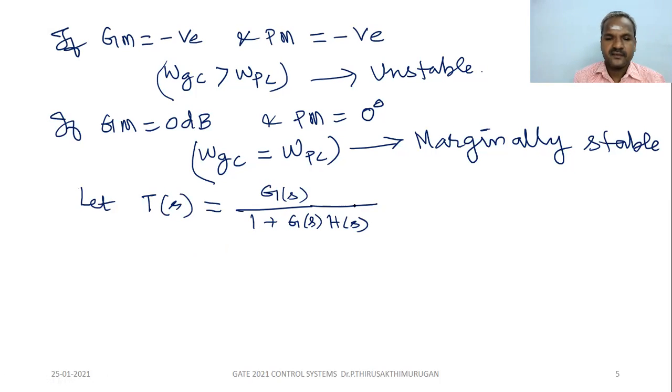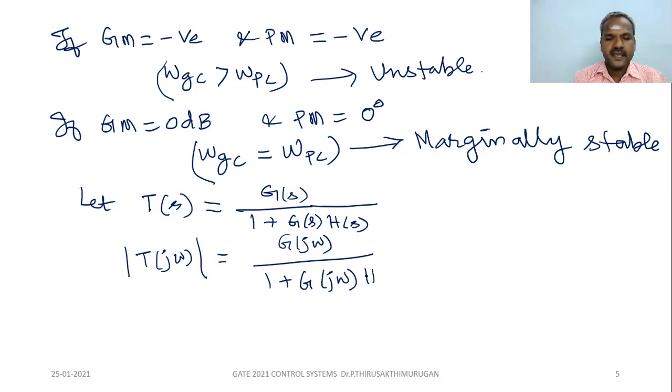For this system, say T of j omega, what is the magnitude of T of j omega? It is G of j omega divided by 1 plus G of j omega, H of j omega. Clear? So this will be very simple.